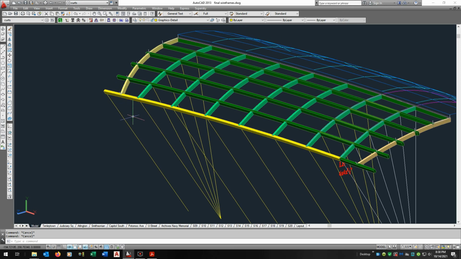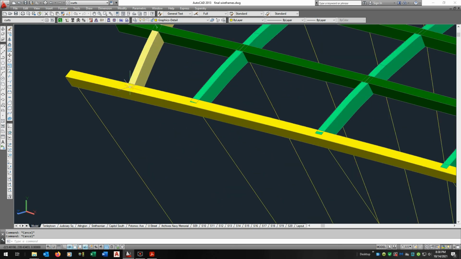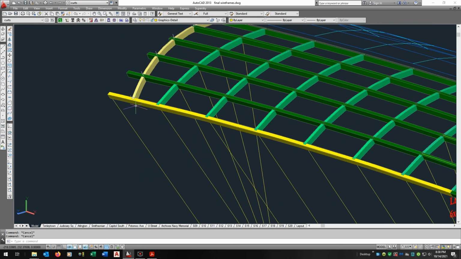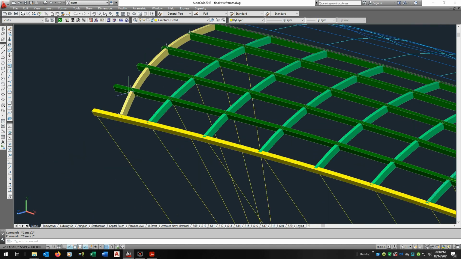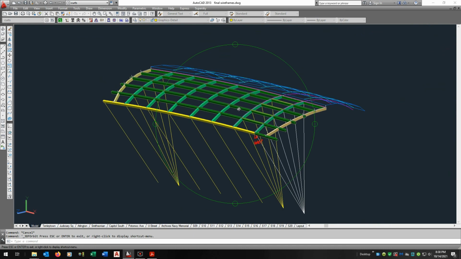So the skylight frame comes completely fabricated, knocked down, bolts together on site. We can build connections that have some adjustment, plus or minus a ½ inch. But that's as much as you're going to get out of a skylight frame.